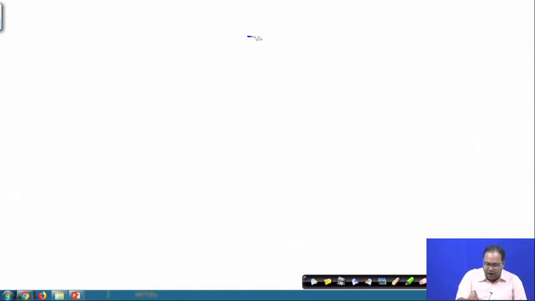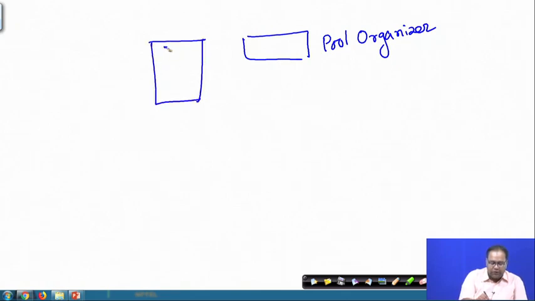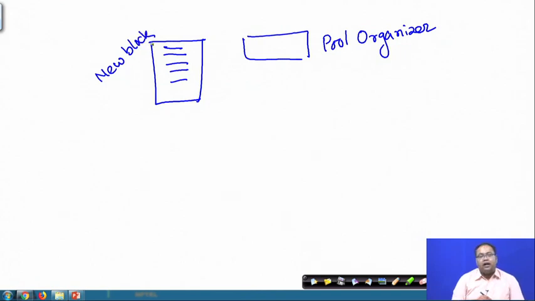So, you have a pool controller, or sometimes we call it the pool organizer, whose task is to construct or propose a new block. So, the pool organizer has constructed a new block with multiple transactions, and the task is to find out the nonce for this block.